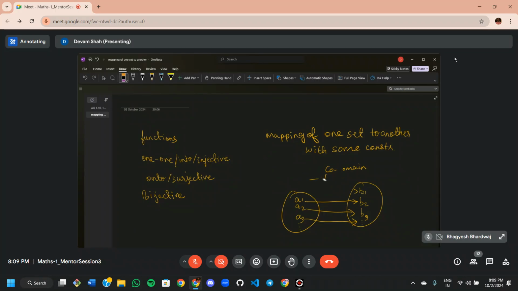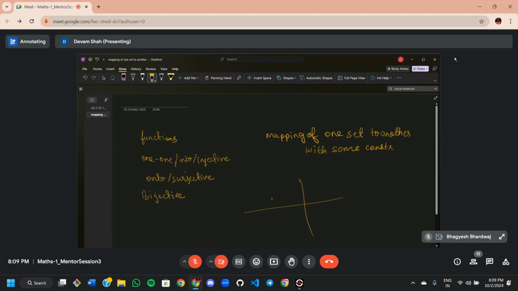And there is something called the vertical line test. For example, if you aren't given a function's set or anything, and you are given its graph, something like this, and there is another graph, something like this, what's the difference?